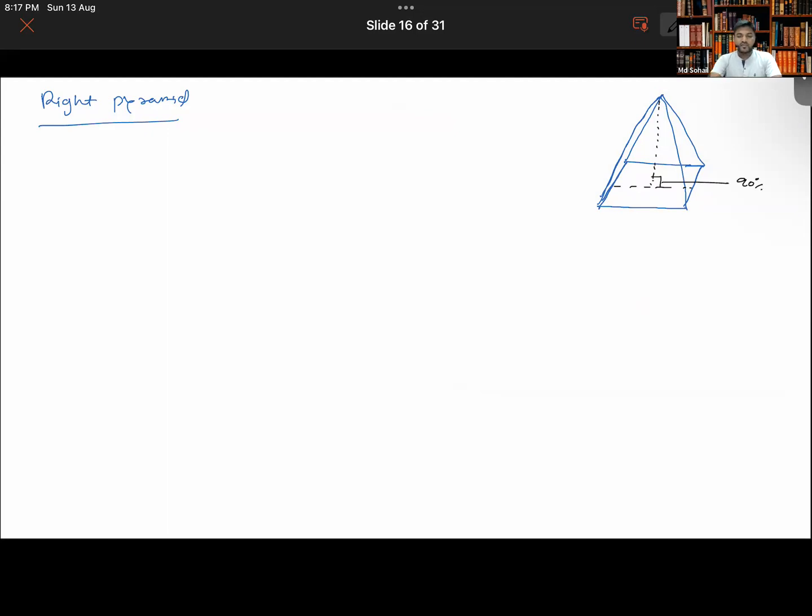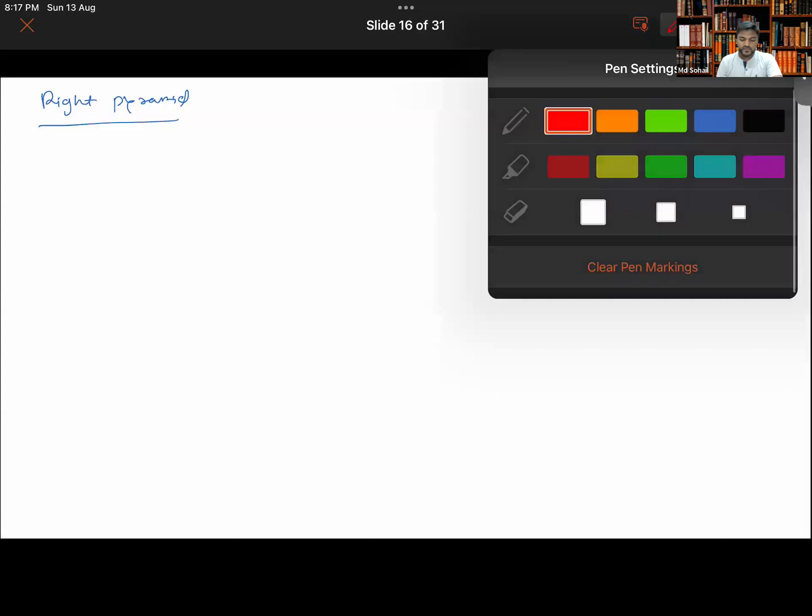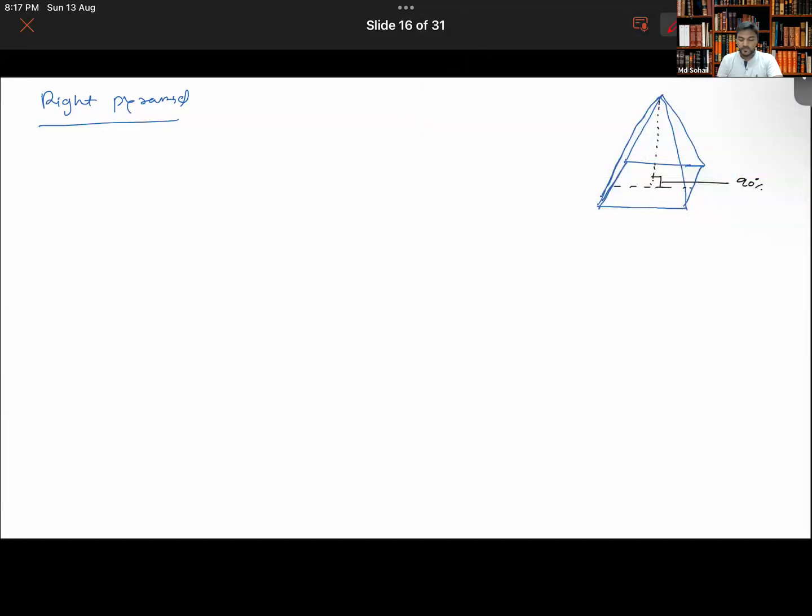Now, if we were required to find the lateral surface area of this, how do you calculate it? There's one more component actually, guys, here. Look at this height over here.